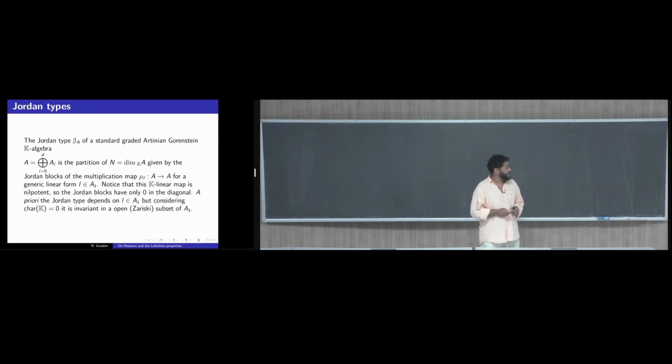There is a partition of the total dimension as a finite-dimensional vector space given by the Jordan blocks, the size of the Jordan blocks of the multiplication map for a generic linear form of degree 1.